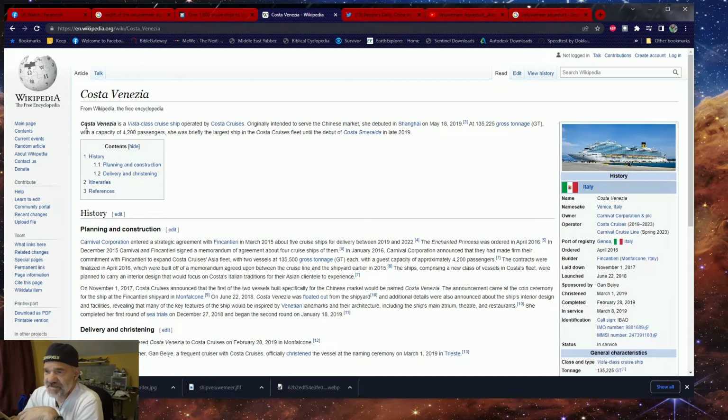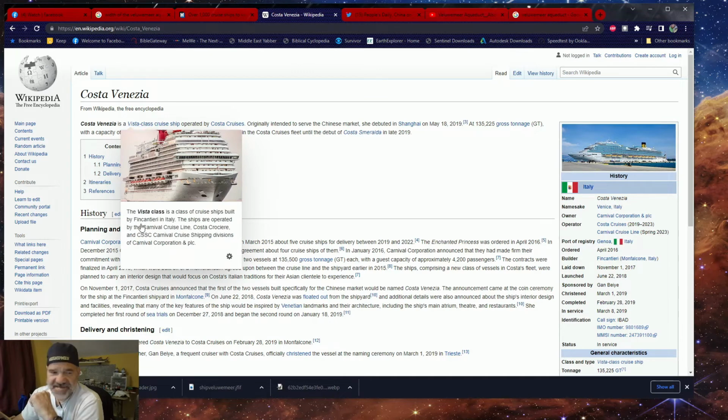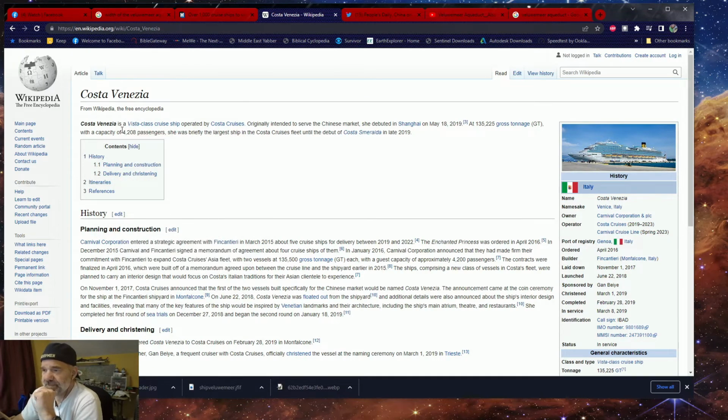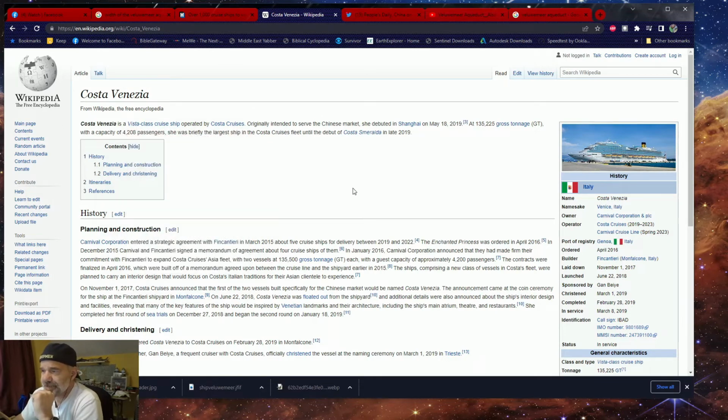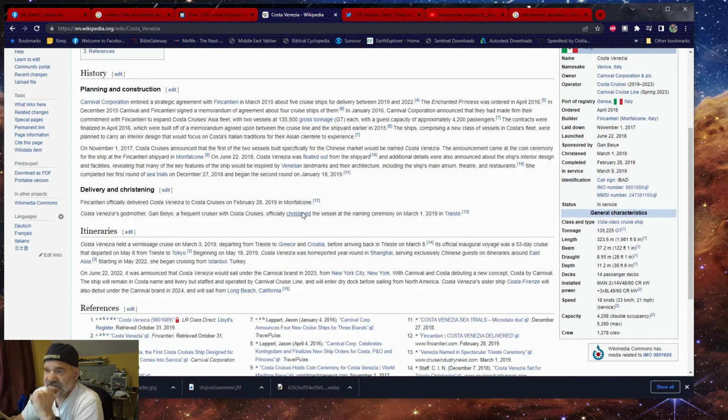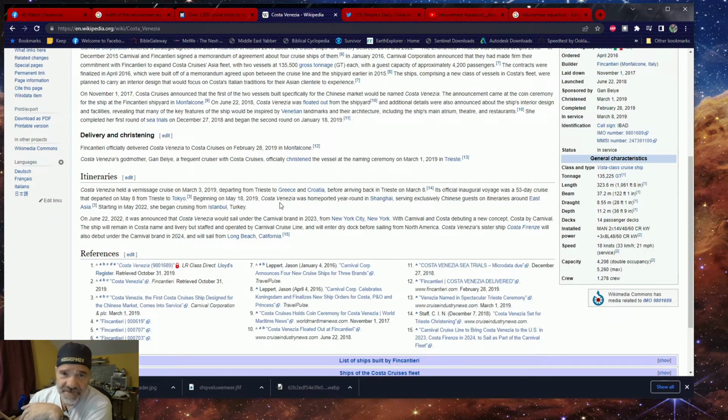Not necessarily that particular ship, but the ship of the Vista class itself. All right, and I'm interested in the class of ship, not necessarily the exact same ship. But I deduced that it is part of the Vista class. And let's take a look at some dimensions of the Vista class cruise ship.